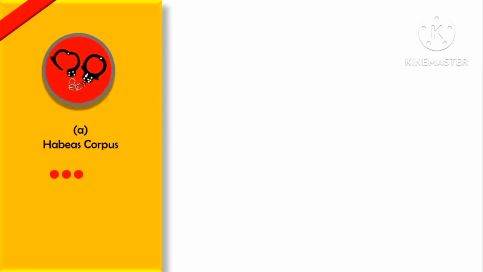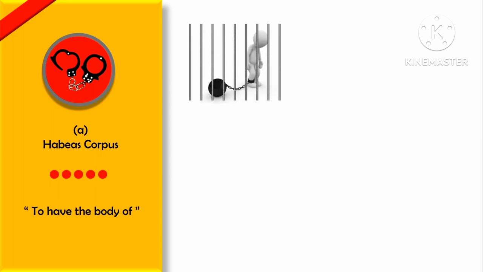The first type of writ is Habeas Corpus, which means to have the body of. The writ of habeas corpus is issued by the court when there is an unlawful detention of a person by any public authority or private individual.